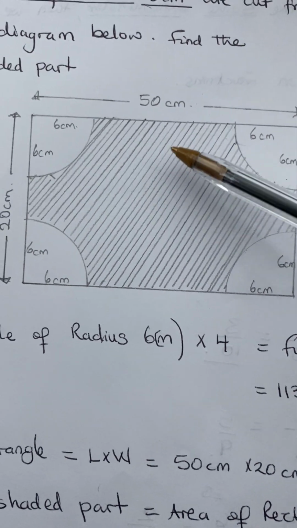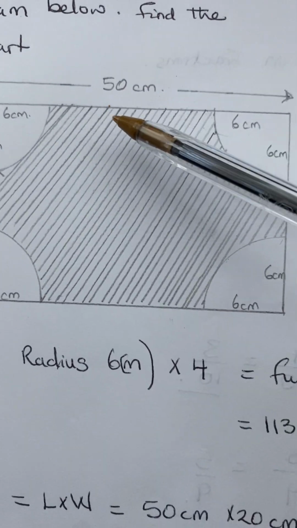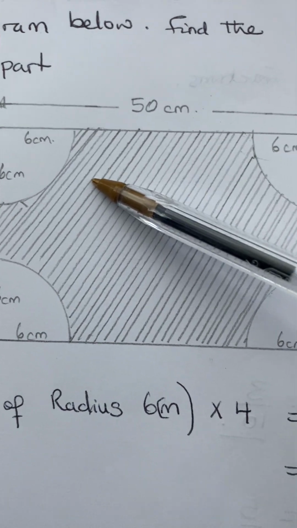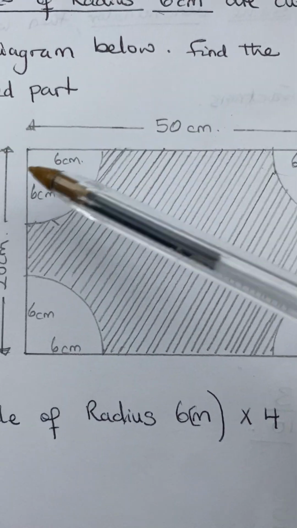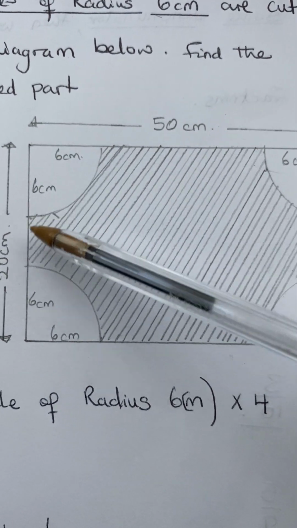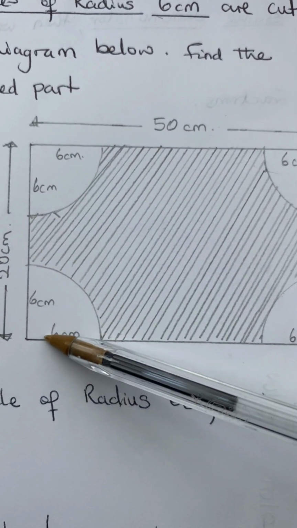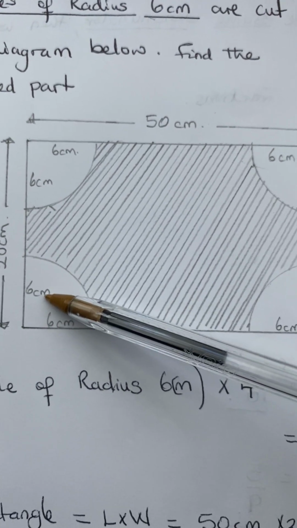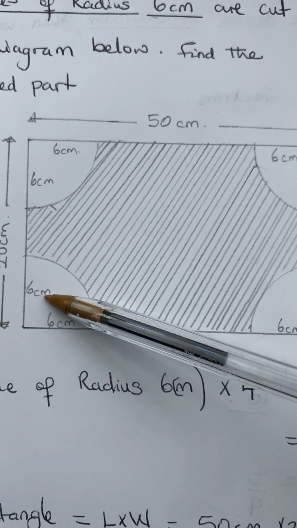Now it says a quarter of a circle has been cut off. So this is a quarter of a circle, 6 centimeters. That is the second quarter, which will give me half of the circle.